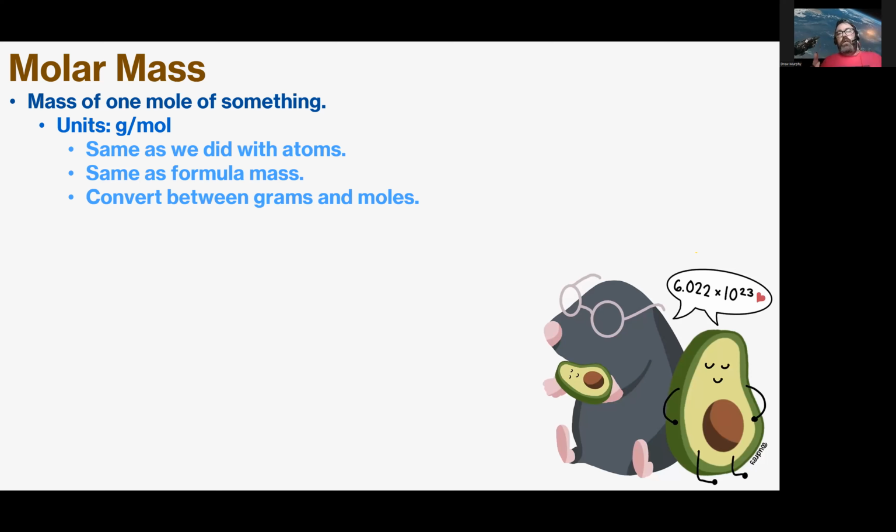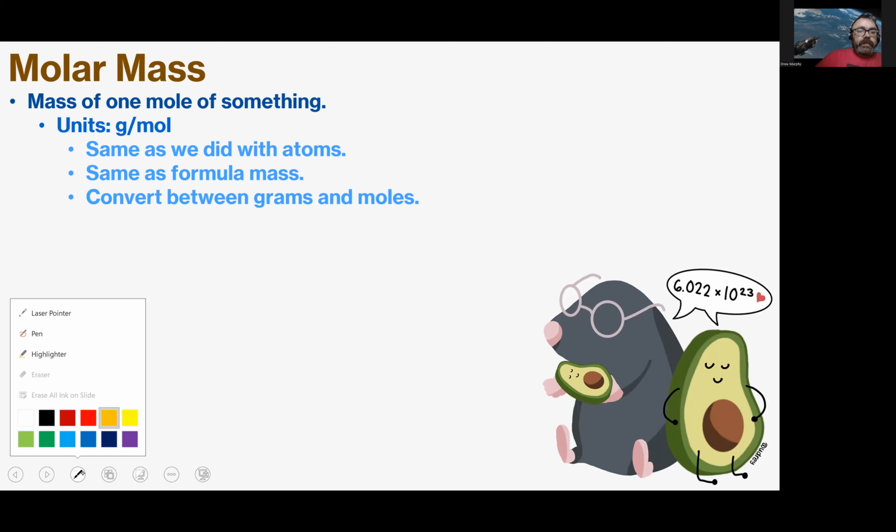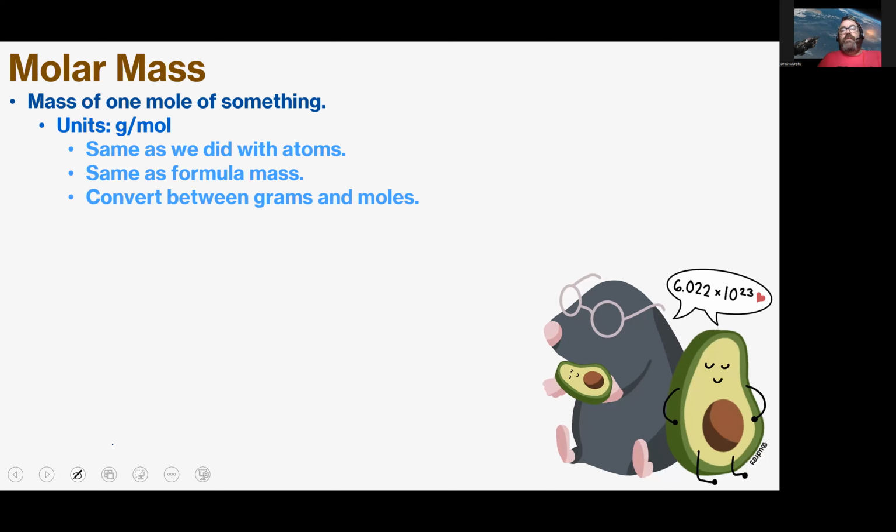Okay, molar mass. This is the same idea. We've talked about molar mass in terms of atoms, and now we're talking about molar mass in terms of compounds and formulas, but it's the same idea. Remember, molar mass is the mass of 1 mole of a thing, with units of grams per mole. Just like with atomic mass, the formula mass is the same idea as the molar mass.